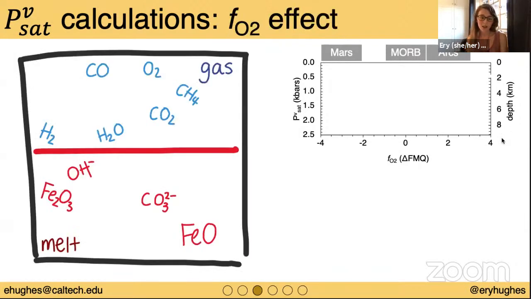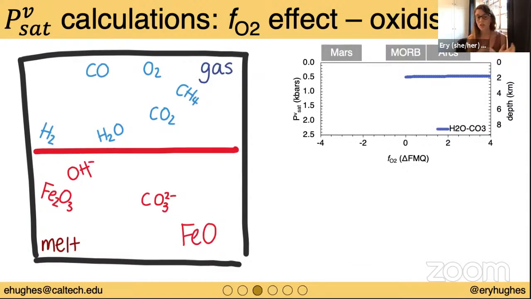So firstly, I'm just going to calculate the pressure of vapor saturation for a melt that only contains hydroxyl ions and carbonate ions. So there's no sulfur in the system, but the gas is allowed to contain all the different carbon, hydrogen, oxygen species. And if we do this calculation at high oxygen fugacities, we see that there is no effect of oxygen fugacity on the calculated pressure.